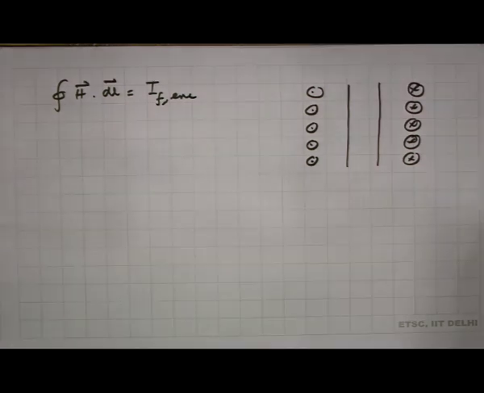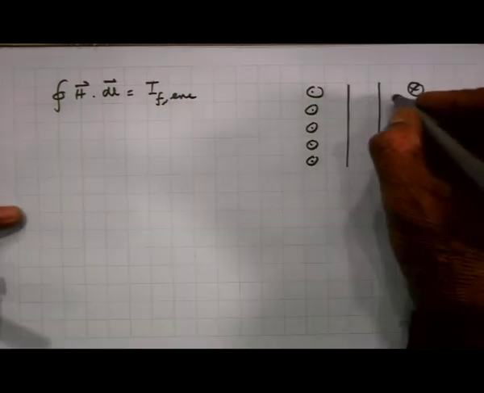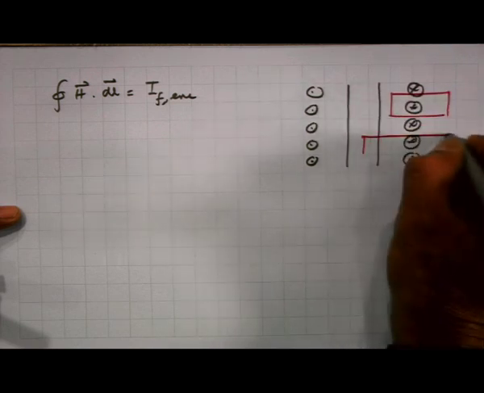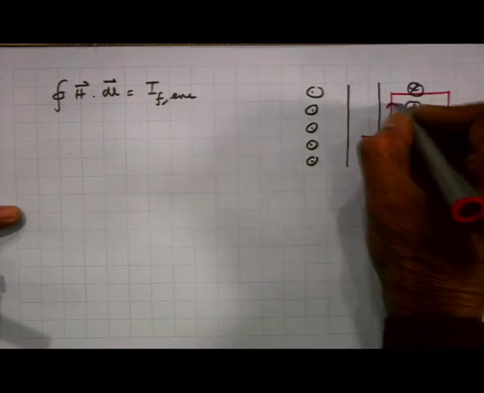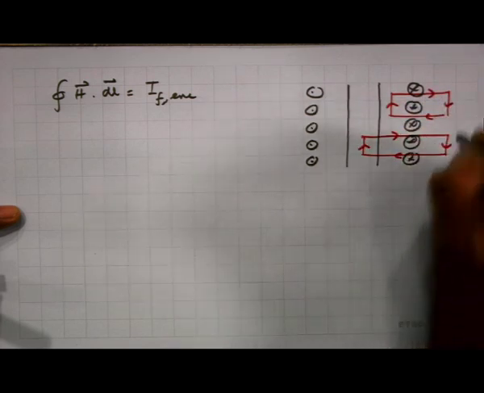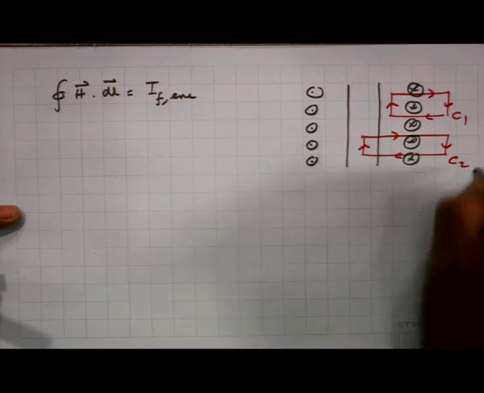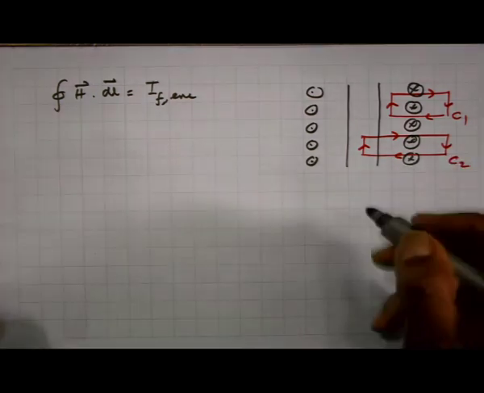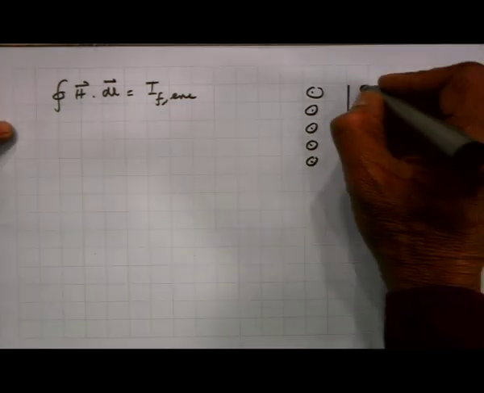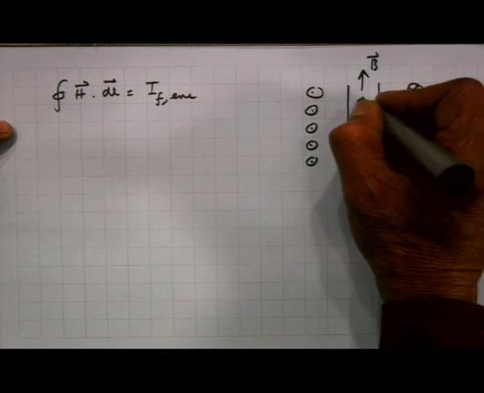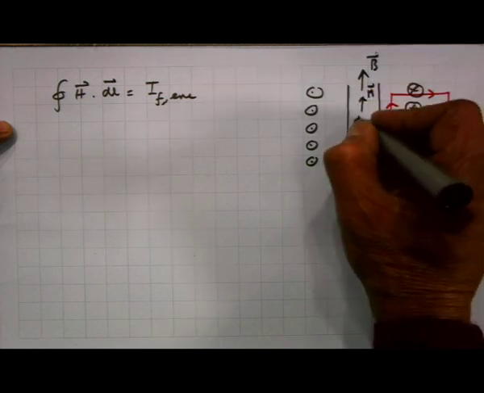Now, to do this I need to take a loop. So, first let me take two loops, one is this loop and another is this loop, C1 and C2. Remember, the B field is like this, the M field is like this, and the H field will also be like this.